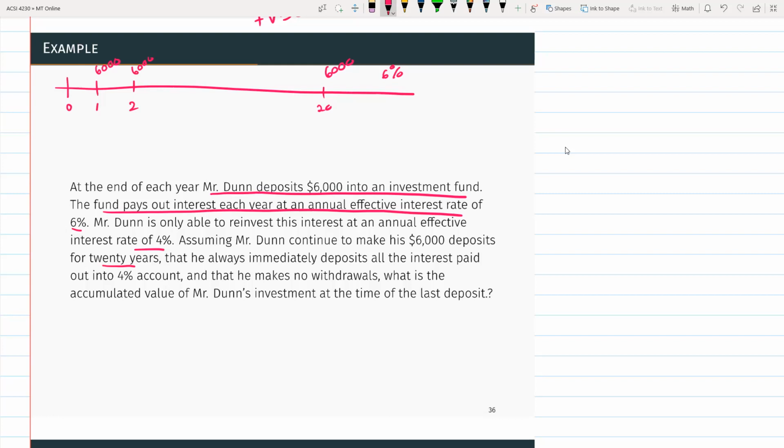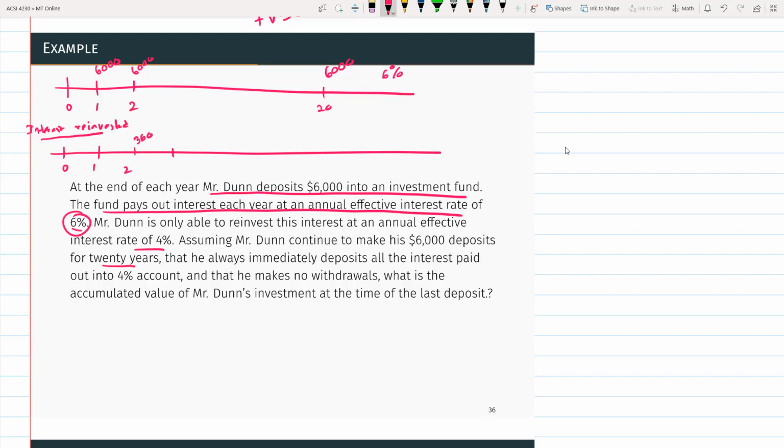Okay, so what's the interest amount for 6,000? So you invest 6,000 at the end of the first time period. So you're going to get the interest, and reinvest it. So 6,000 times 6% is going to be 360.